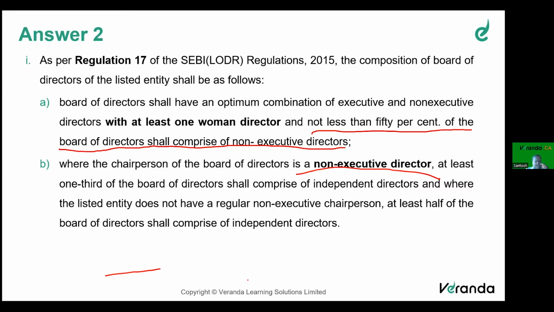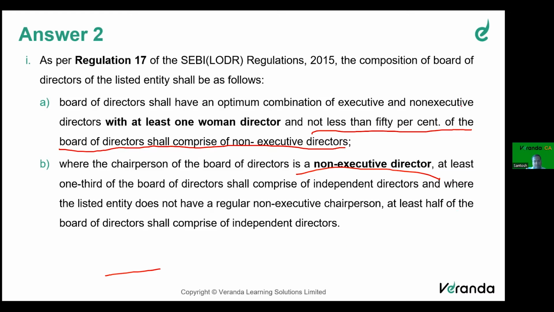So in these two scenarios, where the chairperson of the board of directors is a non-executive director, at least 1/3 of the board of directors shall comprise of independent directors.